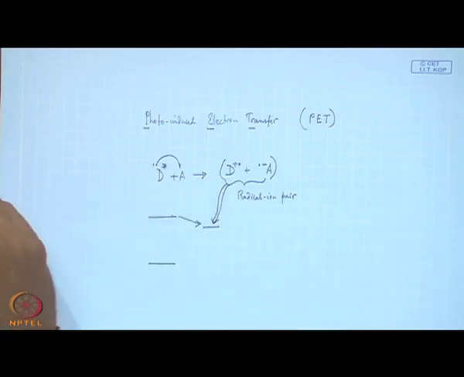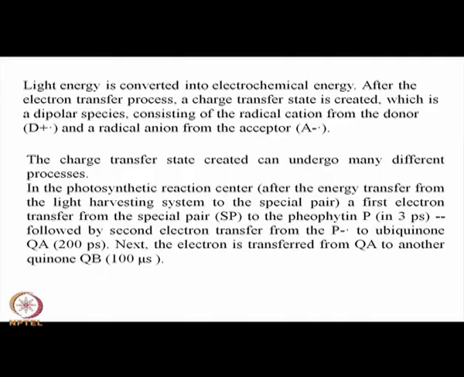The charge transfer state created can undergo many different processes, like when the charge transfer state is created in a solution, in a solvent cage. What is happening is that you have your donor and acceptor, these two come under the same solvent cage, then electron transfer takes place, so that one is plus, another is minus, like this inside the cage.